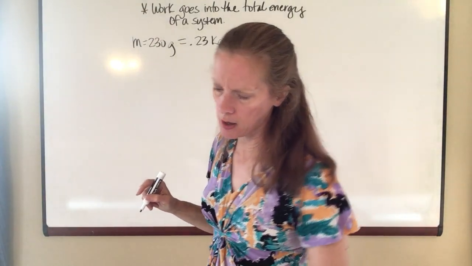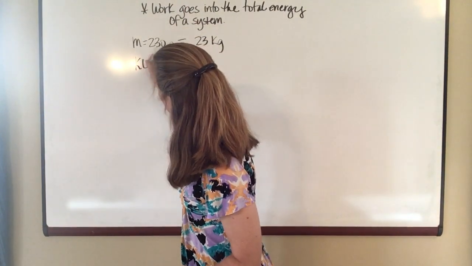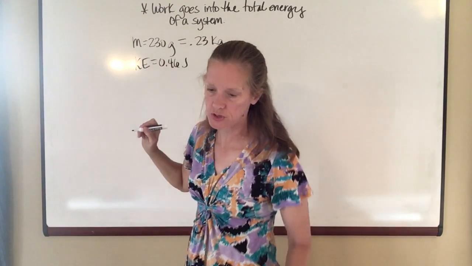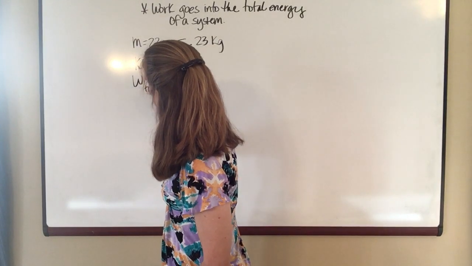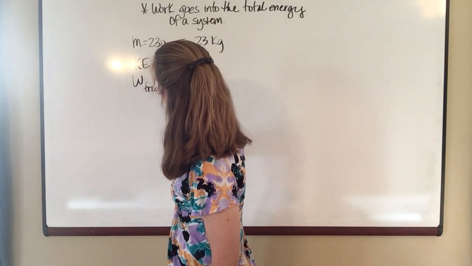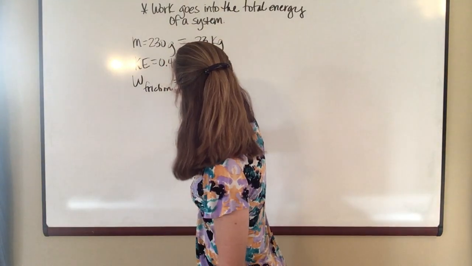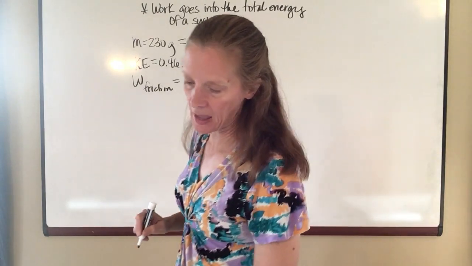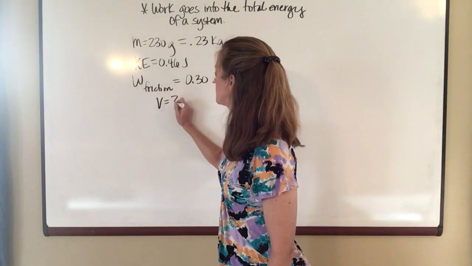I know that the kinetic energy it starts with is 0.46 joules. And I am told that the work due to friction is 0.30 joules. And what I'm being asked for is the velocity once it gets to the other side of the room.